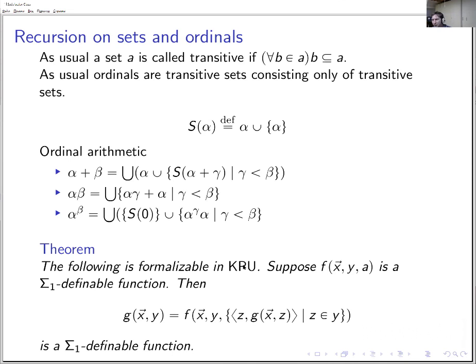Ordinals, however, are not allowed to have members that are urelements, and as usual, an ordinal is a transitive set such that all its elements are also transitive sets.